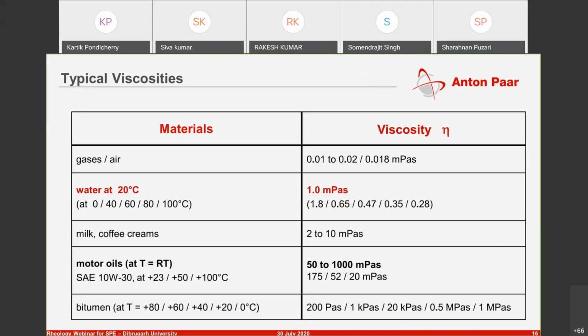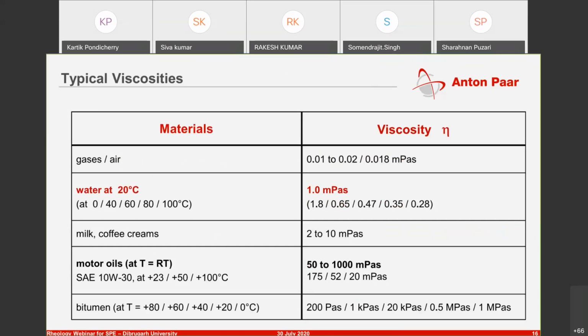A few common examples of viscosities. If you look at water at 20 degrees, it's kind of unity, 1 millipascal second. But if you look at its viscosity at different temperatures from 0 degrees to 100 degrees, then you will see that there is a 6-time drop in the viscosity.